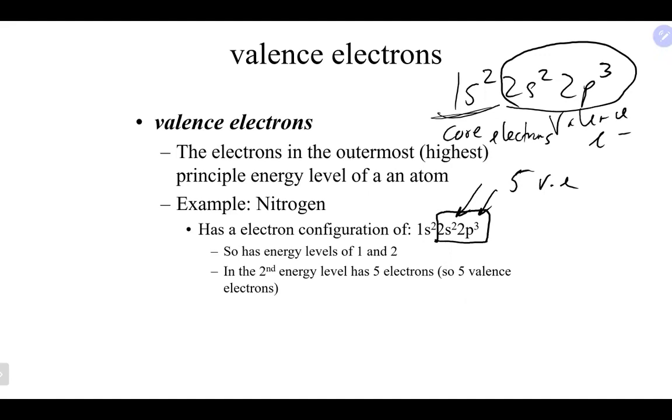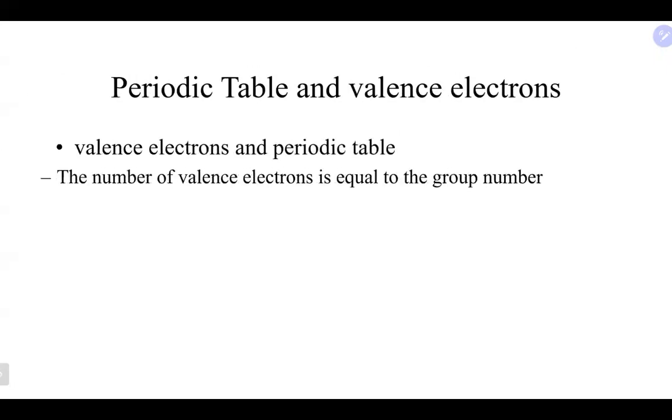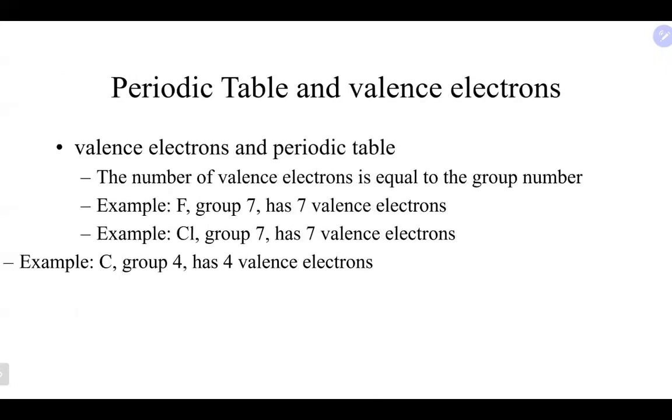The valence electrons are always involved in bonding. It's also the reason, as we'll talk about, why certain things make certain charges, and why they typically only lose their valence electrons when they make charges. Now, you could write the electron configuration for everything, but nobody really wants to do that if you are looking for how many valence electrons there are.